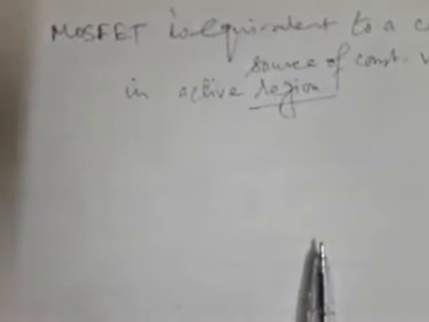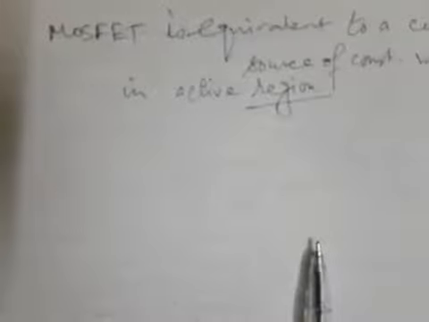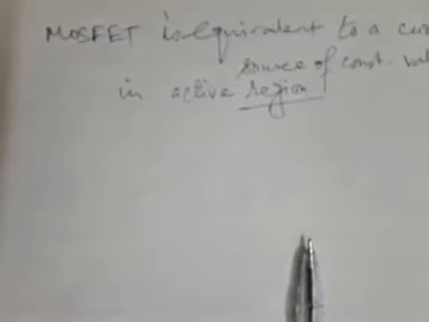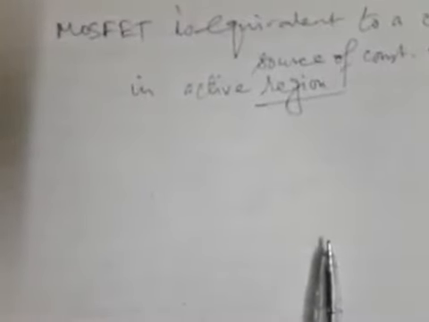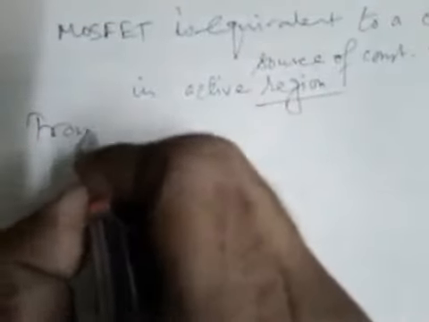Although the enhancement MOSFET can operate in the active region, the main use of the MOSFET is found to be in the ohmic region. Now let us see the next one, which is the transfer characteristics of MOSFET.